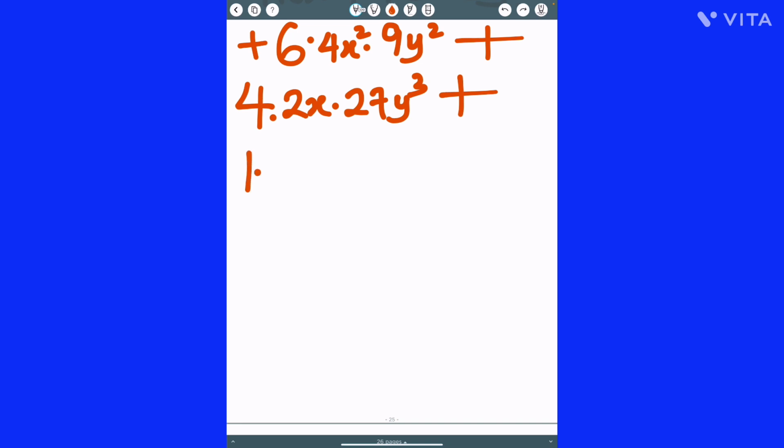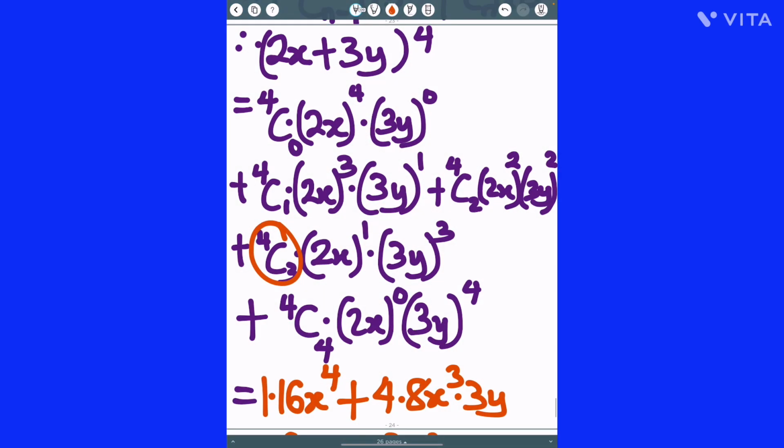So I'll write 1 times 2x raised to power 0 is 1. From here, in my fifth term, 2x raised to power 0, that's 2 raised to power 0, 1. x raised to power 0, 1.